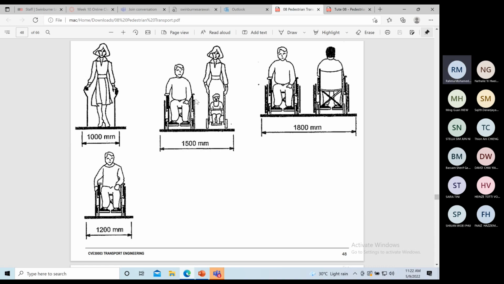Then if you want to cater for one wheelchair user and another person with a trolley, then your minimum width should be 1500. But if you want to cater for two wheelchair users, then your minimum width should be 1800.